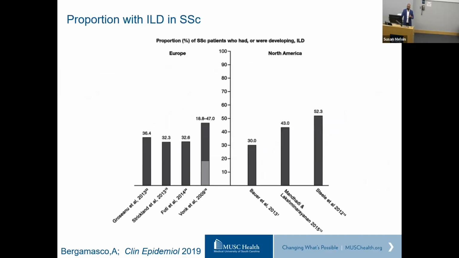But looking at the proportion of patients with a diagnosis of systemic sclerosis who do have interstitial lung disease, we know somewhere around 30 to 60% of patients with systemic sclerosis do develop some form of interstitial lung disease during their disease course.